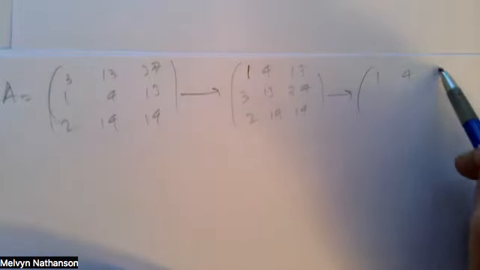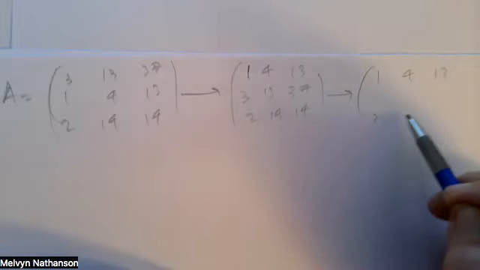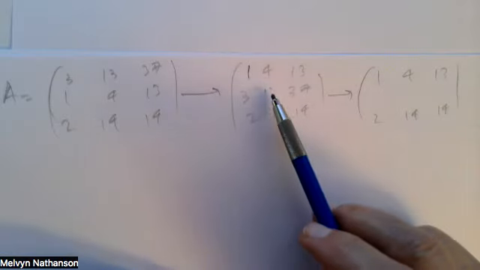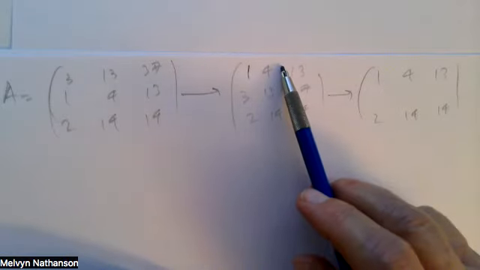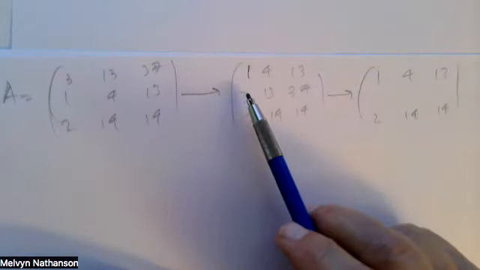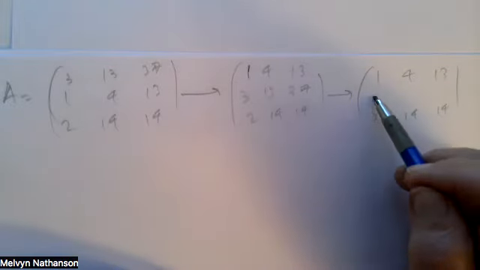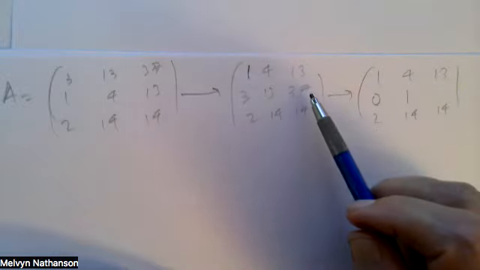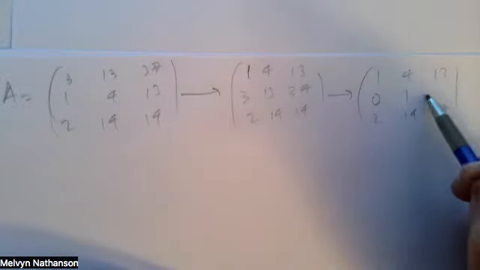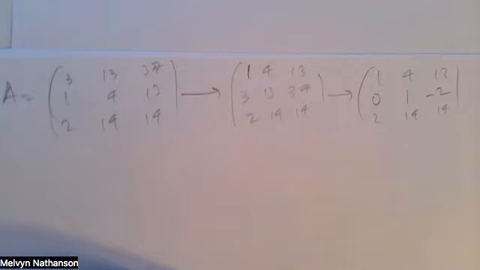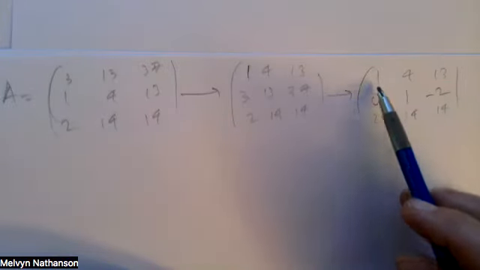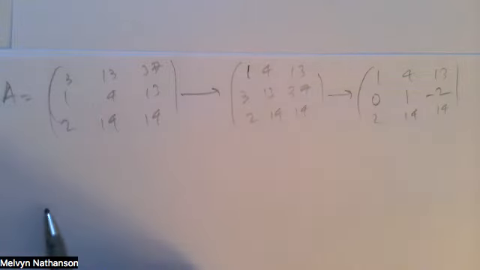So I'm doing things one elementary row operation at a time. I'm not changing the first row or the third row, but I take the second row minus 3 times the first. 3 minus 3 is 0. 13 minus 12 is 1. 37 minus 39 is minus 2. Okay, so now I have a 0 in this column. I want a 0 here.